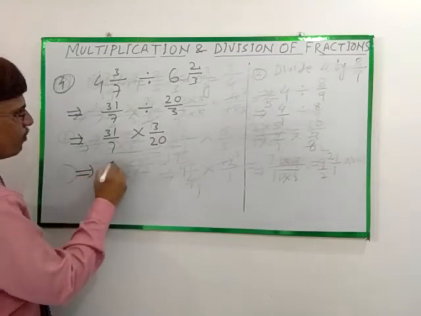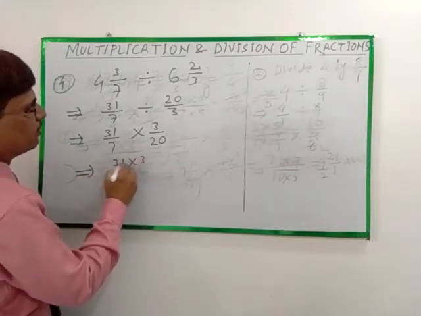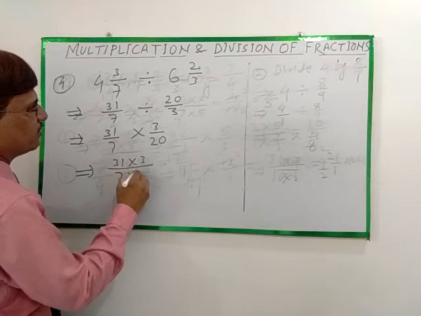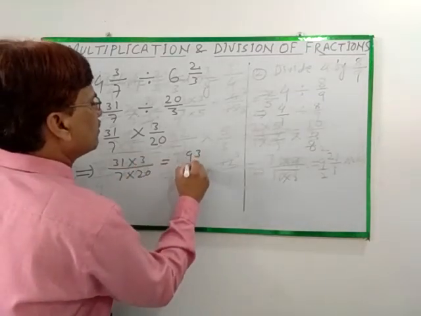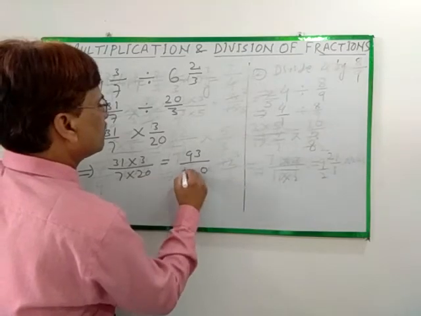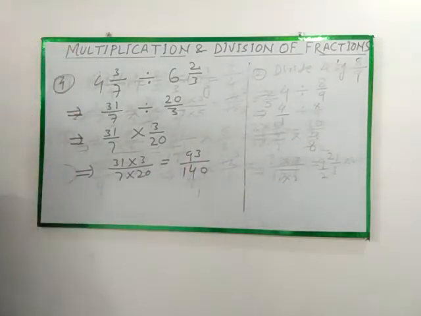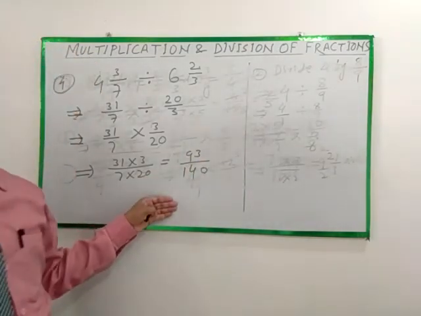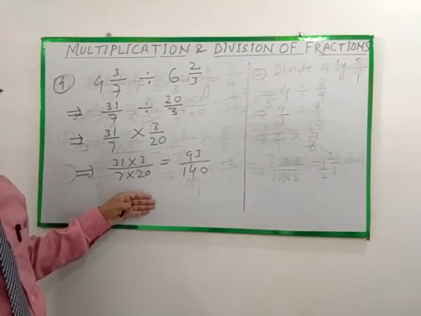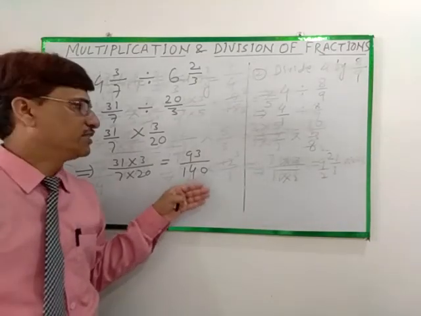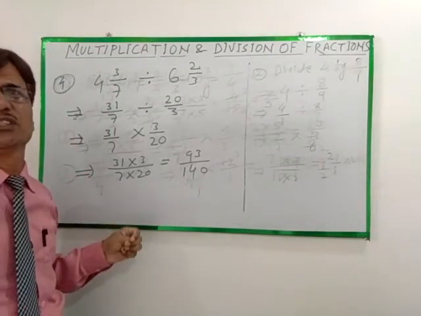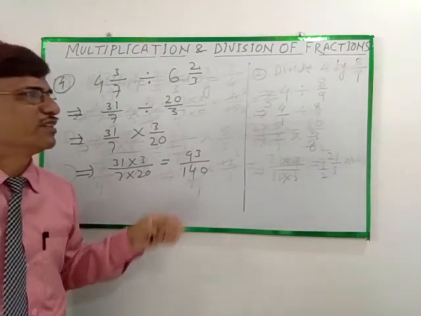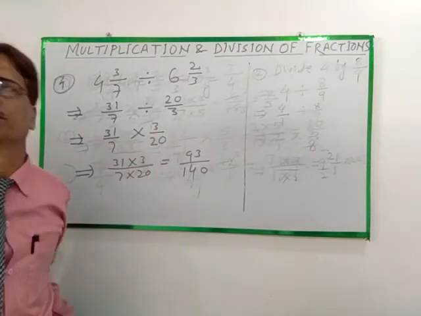Now 31 into 3 and 7 into 20 multiply, 93 and 140. Okay, you can do it easily. You can take some questions from the textbook and do them.